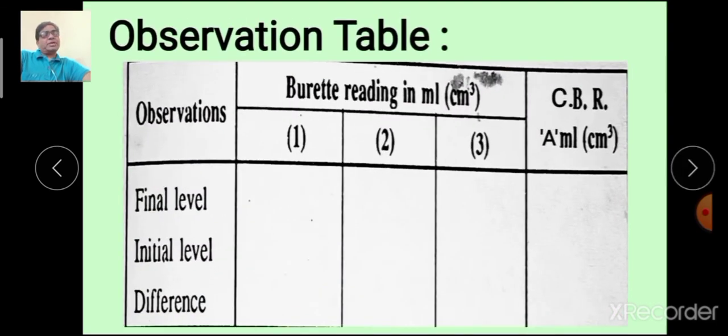This is the observation table. Note down the final level, initial level, and difference. This is the second reading and third reading, and out of these three, which two are constant? Note it as the constant reading A cubic centimeter.